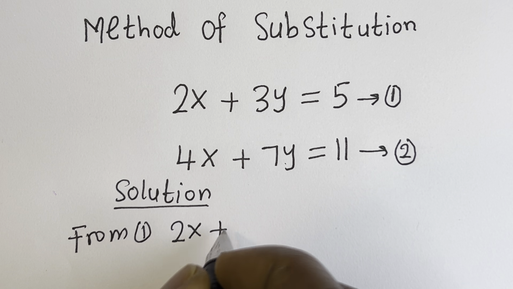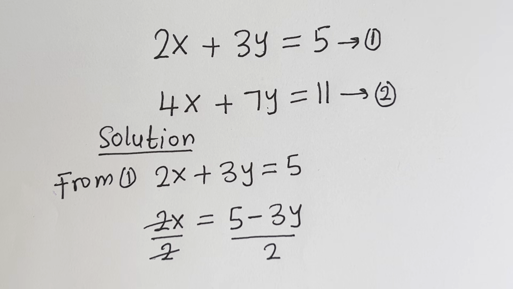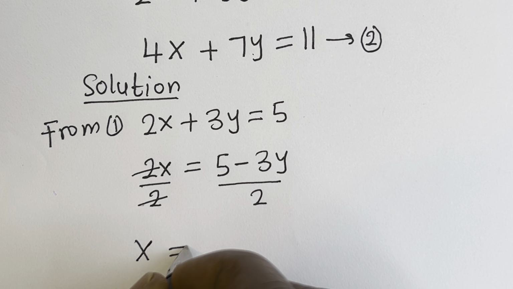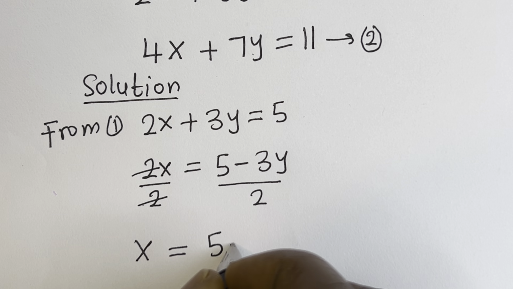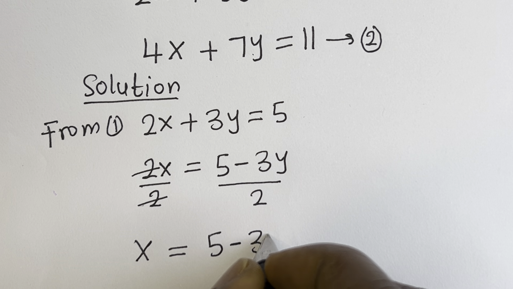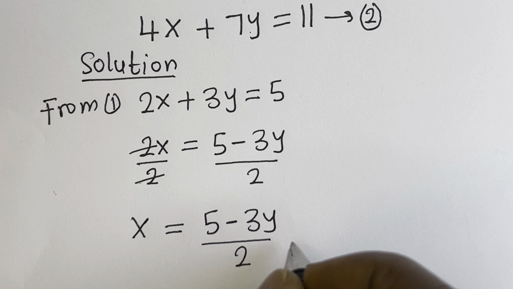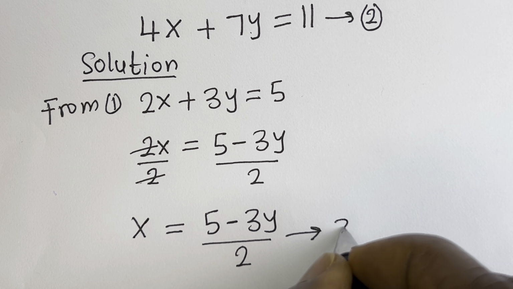Now let us divide both sides of this equation by 2. These 2 will cancel these 2. x is equal to (5 minus 3y) divided by 2. Let us call this equation 3.